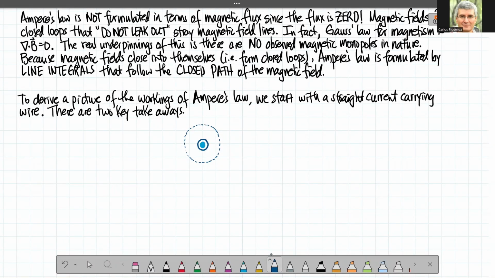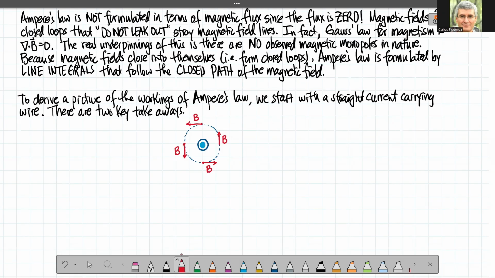Here's my path. If I follow the magnetic field around here, at this point I have a magnetic field there. Right here, I have the magnetic field as it encircles the wire. So that's what we're seeing here.